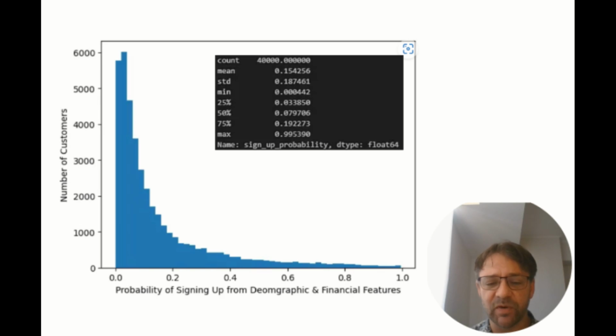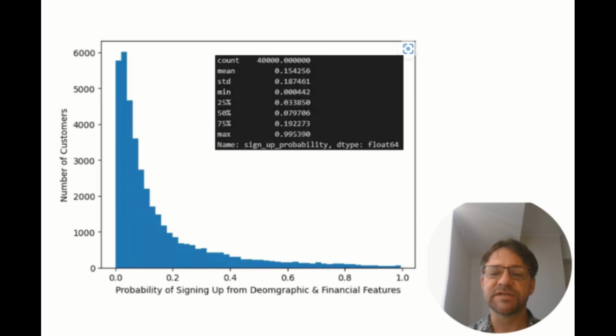So most people in the data set score pretty low for this layer one sign up probability. Although the max value was 0.99 and the min value is 0.0004. So we have probabilities for people in this data set that range from very, very low to very, very high.